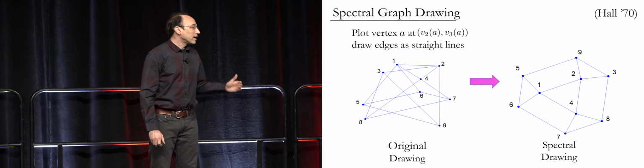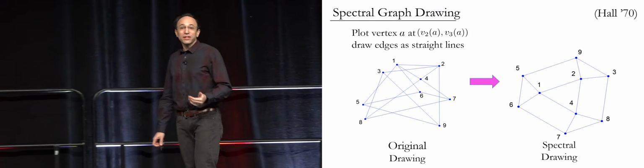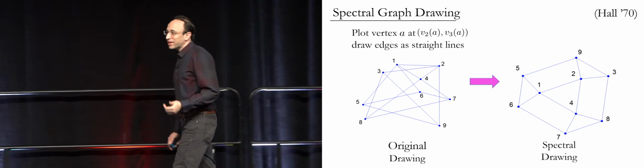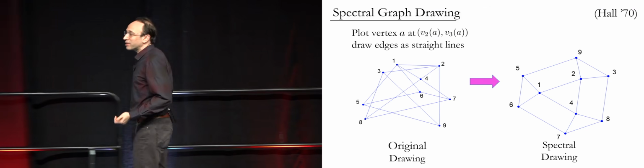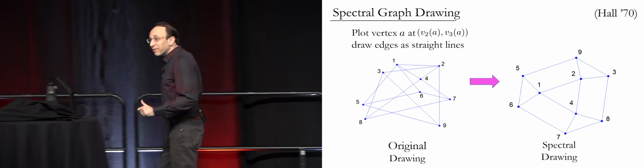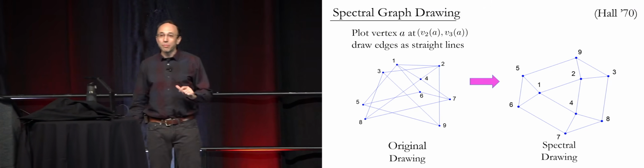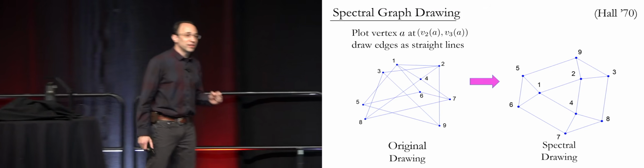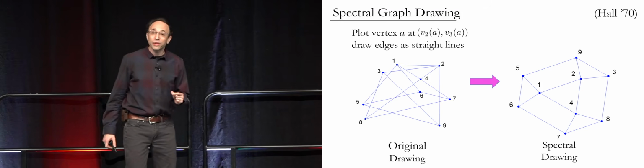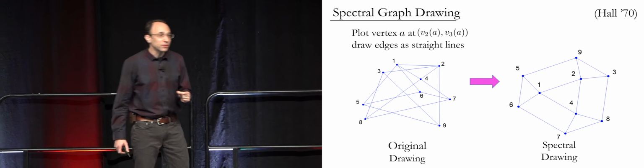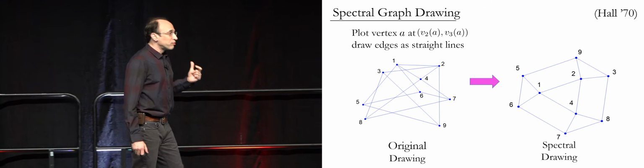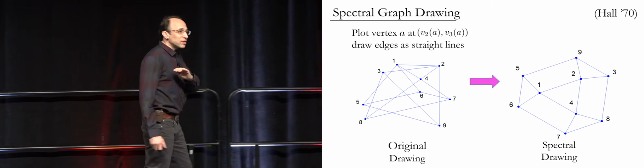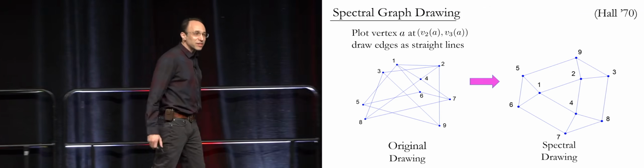So here's what you do. Hall said, okay, V1 is not useful. Let's take a look at V2 and V3, the second and third eigenvectors of the Laplacian. Remember, each of them is a vector, each gives you one real number for every vertex of the graph. We're going to use those as coordinates of the vertices with which to draw them. So take V2, use it to form the horizontal axis.